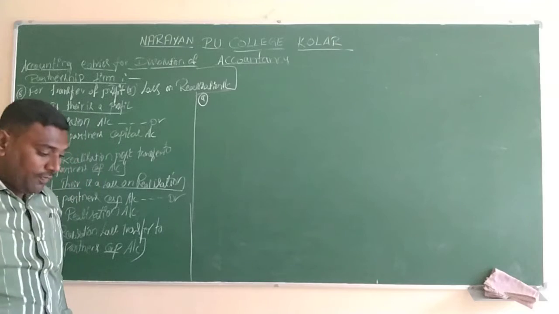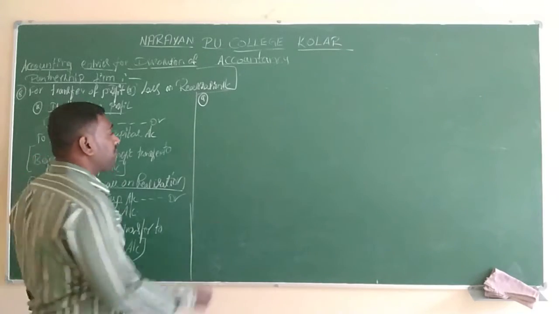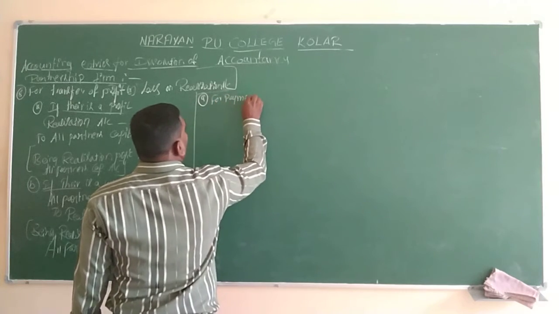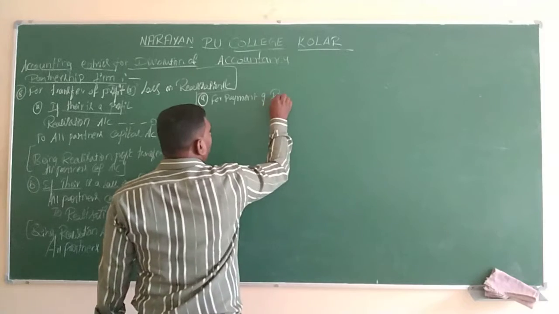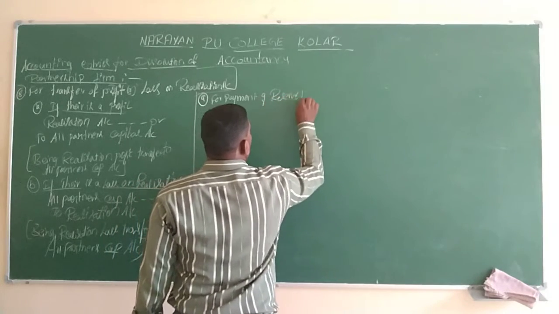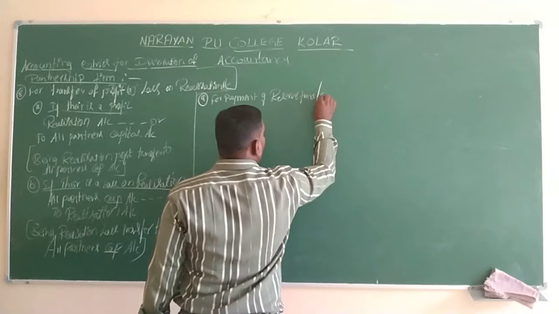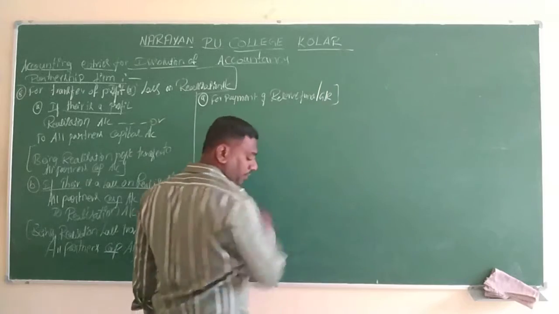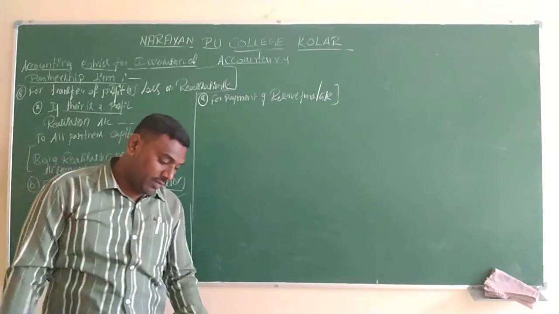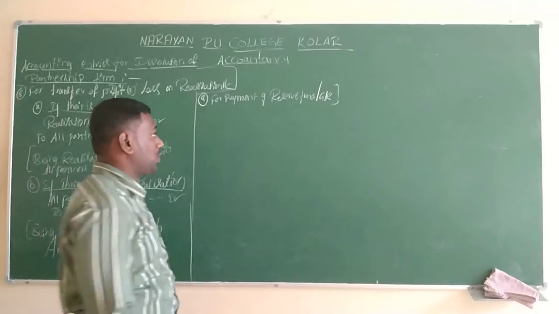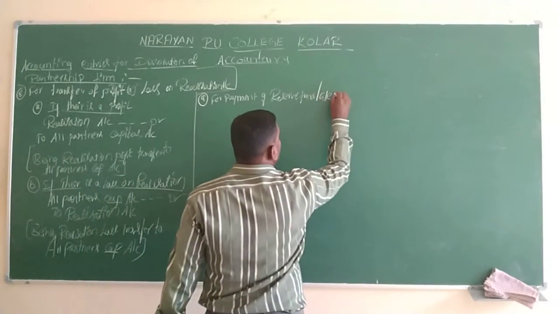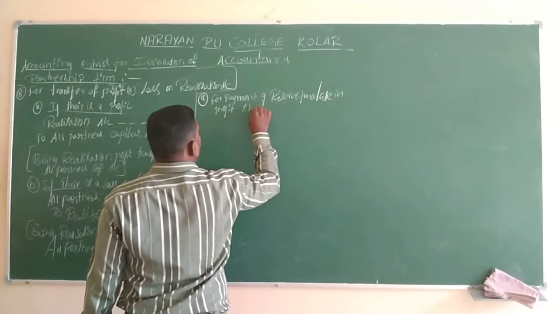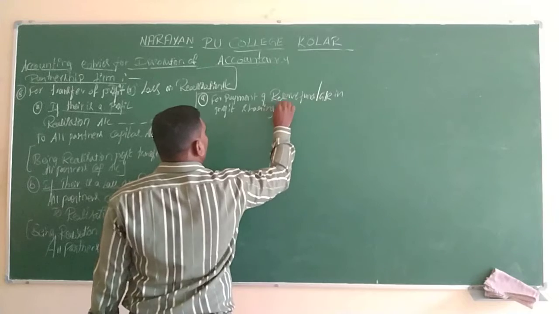For payment of reserve fund or general reserve, how do we transfer this value? It is transferred in the profit sharing ratio.